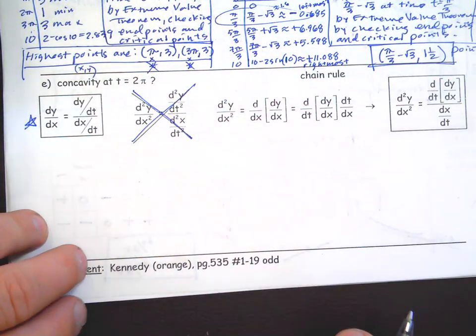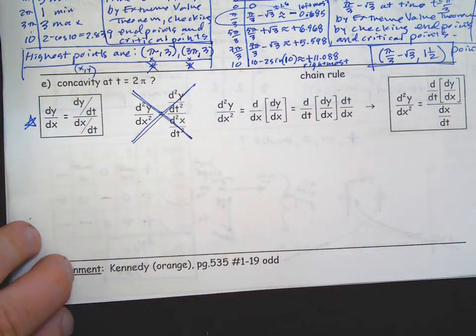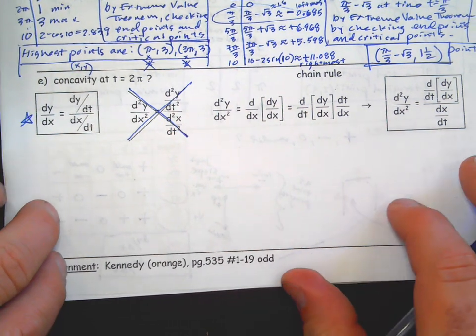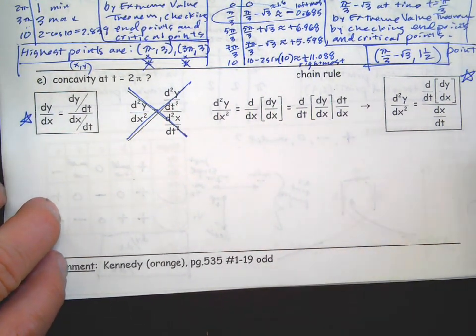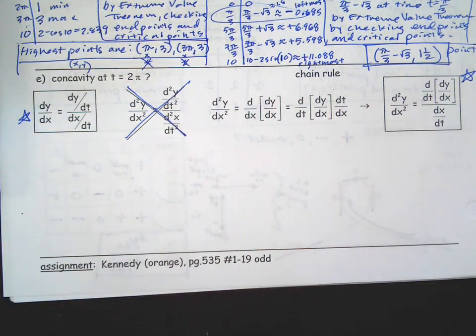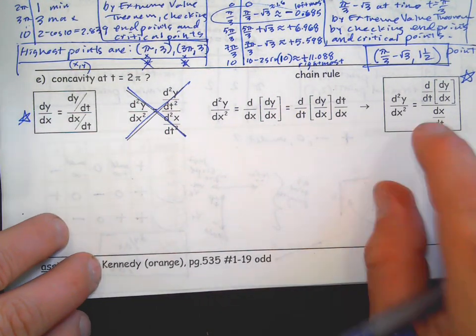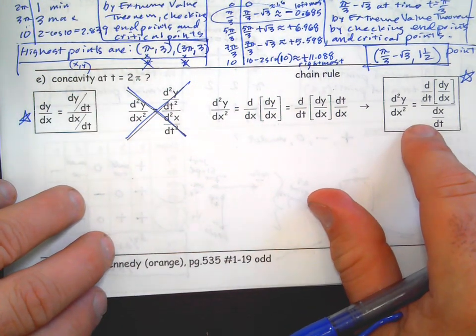It would be nice if it was that simple, but it's not that simple. So I'm going to try and explain to you. This is the actual equation for the second derivative. Now, if we're talking about acceleration, we're going to take acceleration in each direction separately, and that's just the derivative of velocity. But this is the concavity of the graph.